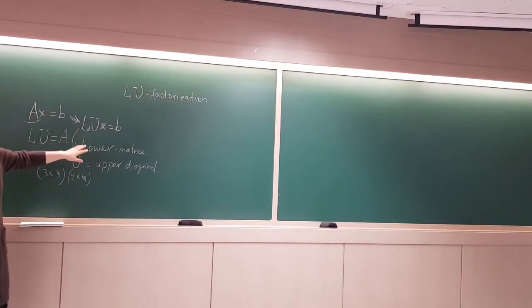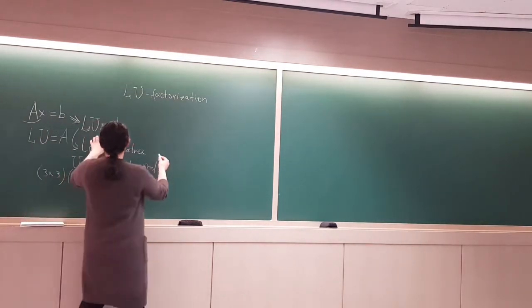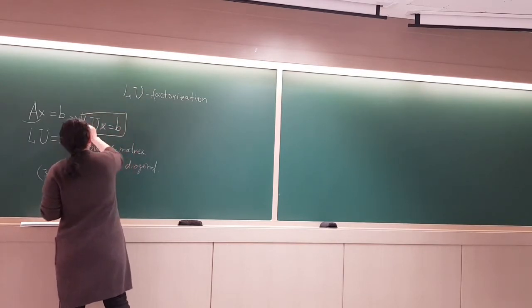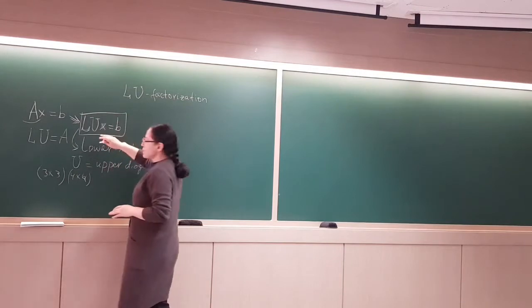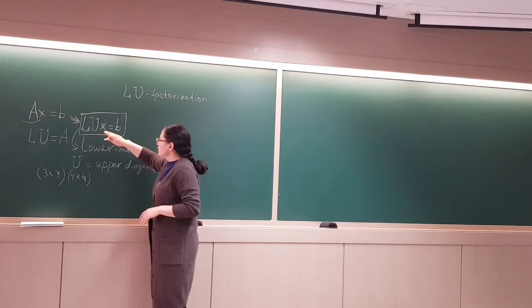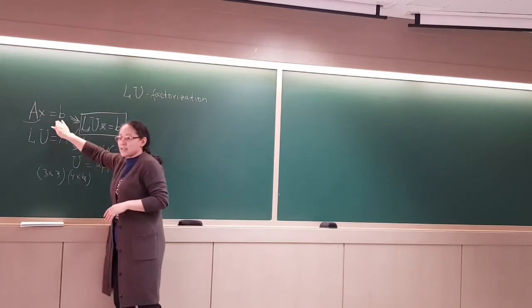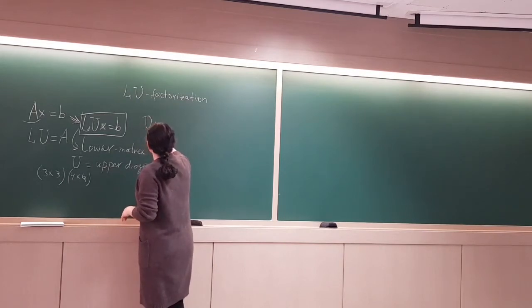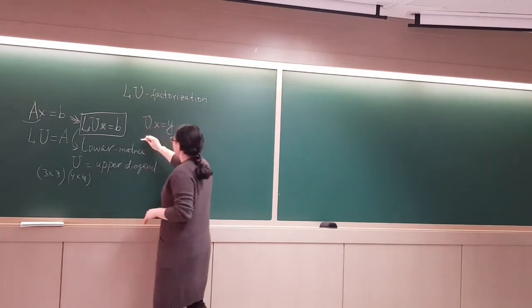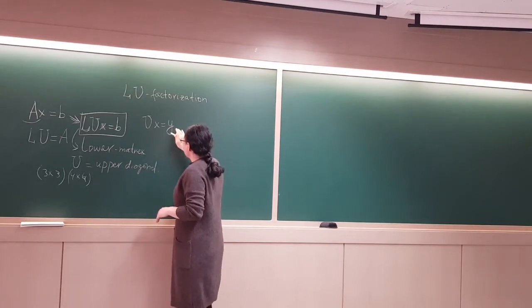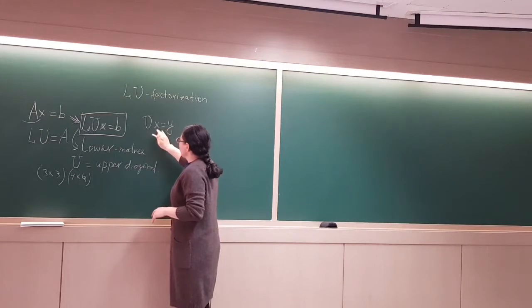Okay. And here, how do we solve? Now we have the matrix vector form of this equation system. Now we need to solve this one instead of this. How do we solve this? Here we set Ux equal to y, and from here we find y, and then we find x.